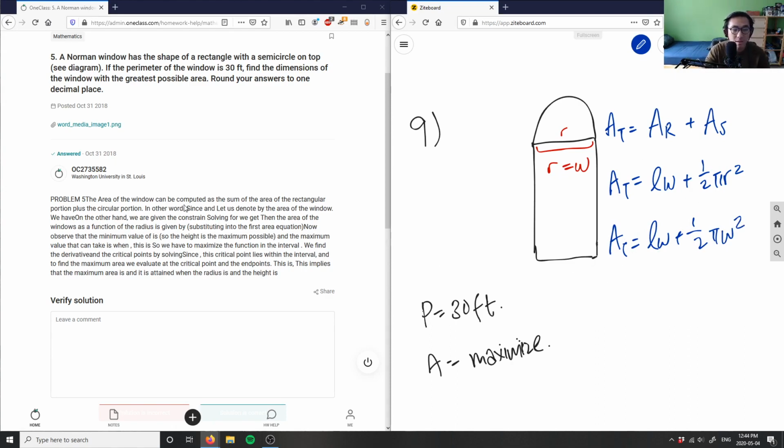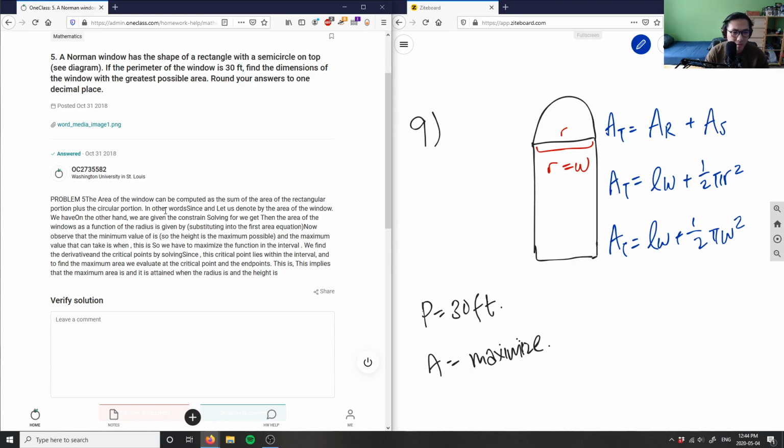So this is the first part here. I've written this out mathematically, and they did include that. It says, in other words, let us denote the area of the window. These are not proper sentences, but it's okay. Now observe that the minimum value of the height and the maximum value it can take.